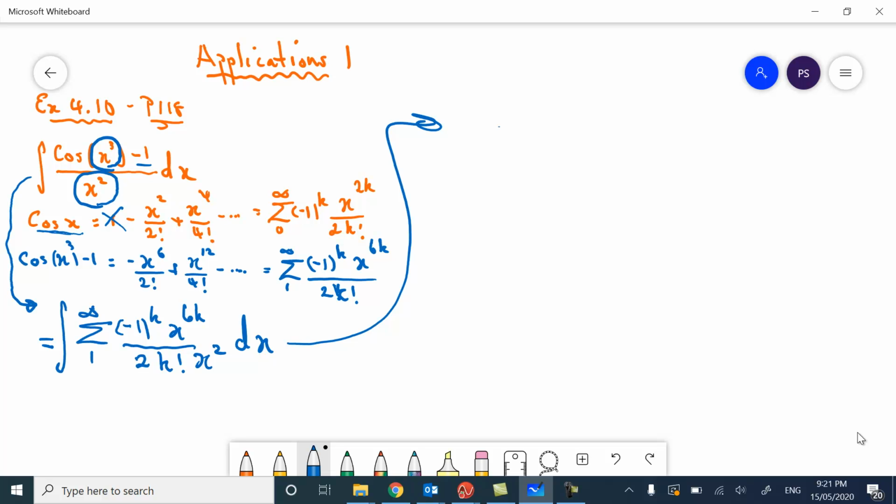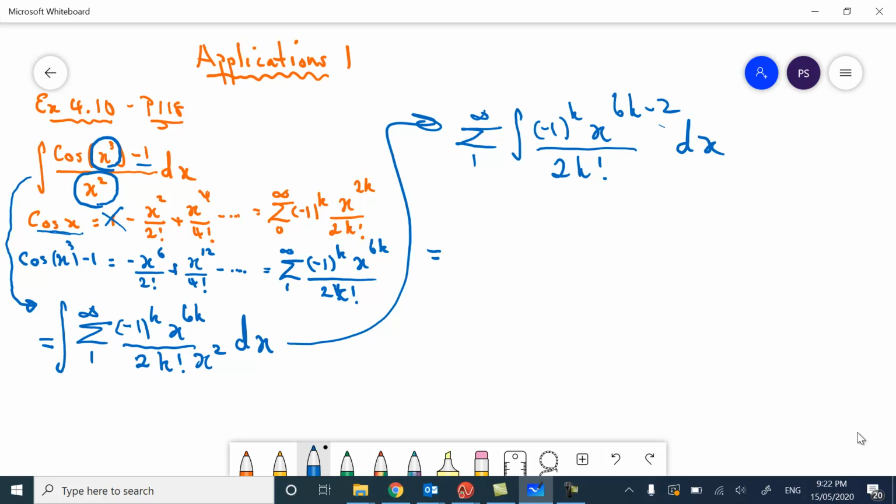So we end up with the sum from 1 to infinity of the integral of minus 1 to the power of k, x to the power of 6k minus 2, that's because I've just divided by x squared, divided by 2k factorial, dx.